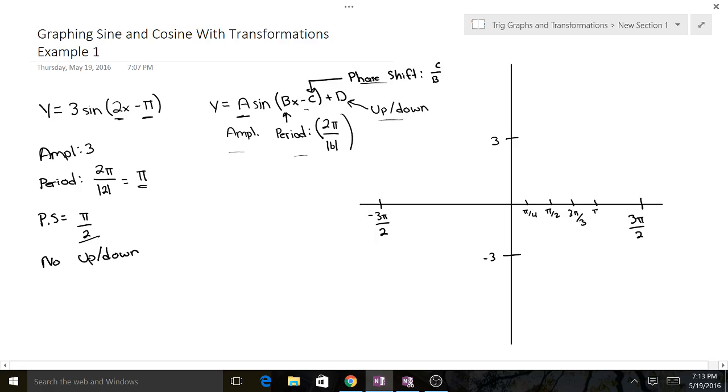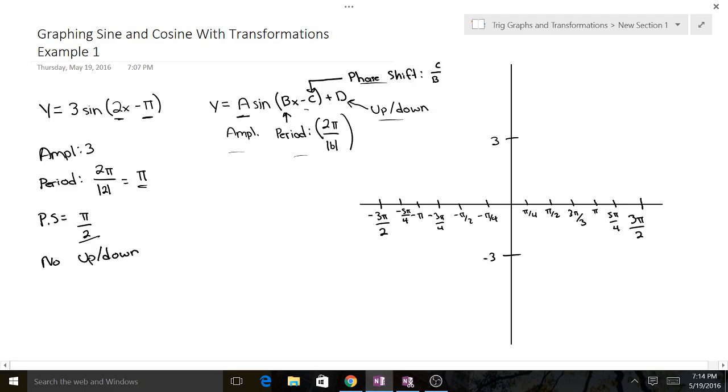Then we get pi. Then we get 5 pi over 4. Then we're left with 3 pi over 2. Same thing this way. Negative pi over 4. Negative pi over 2. Negative 3 pi over 4. Negative pi. Negative 5 pi over 4.